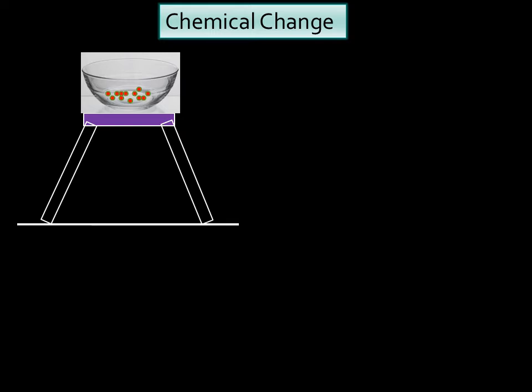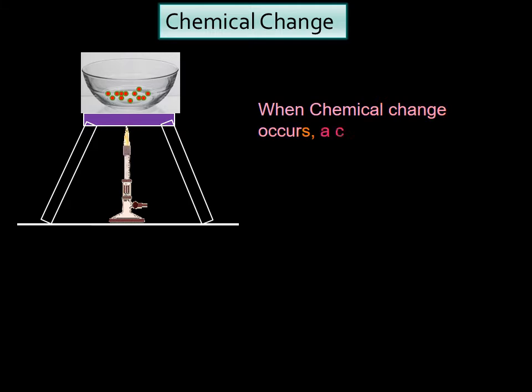Now let's learn about chemical reactions. You can see on your screen, when chemical change occurs, a chemical reaction takes place. So whenever a chemical reaction takes place, there is always a chemical change.